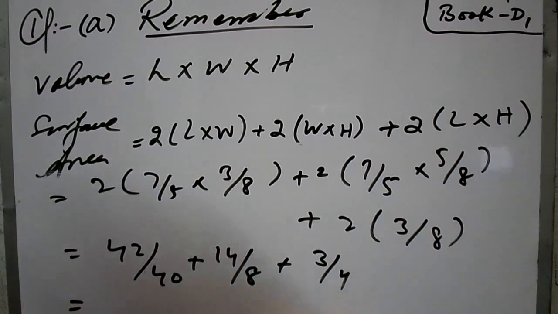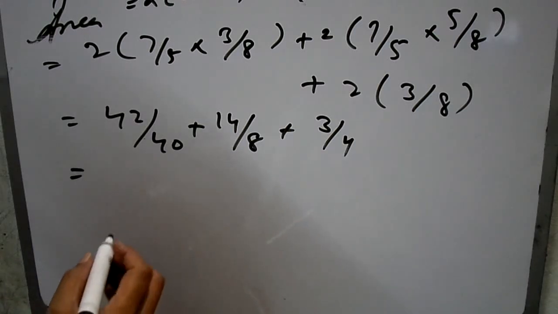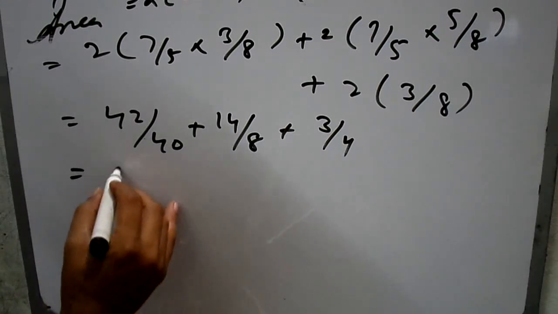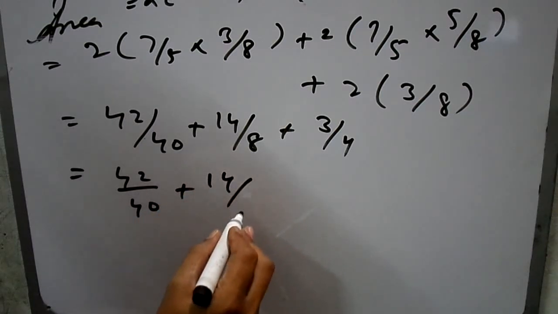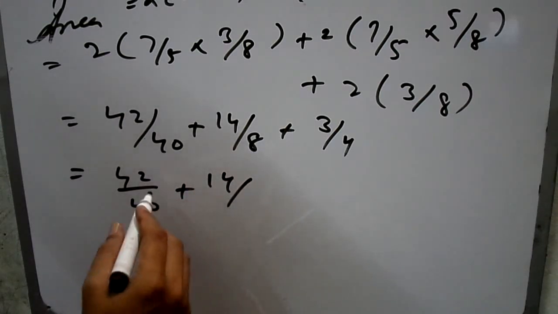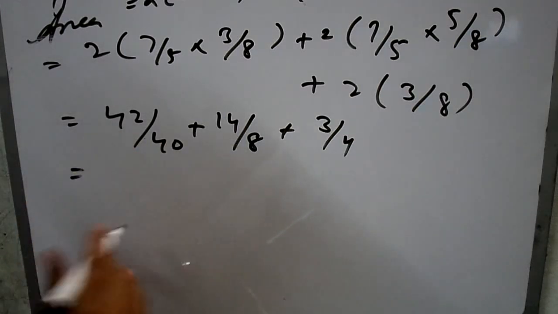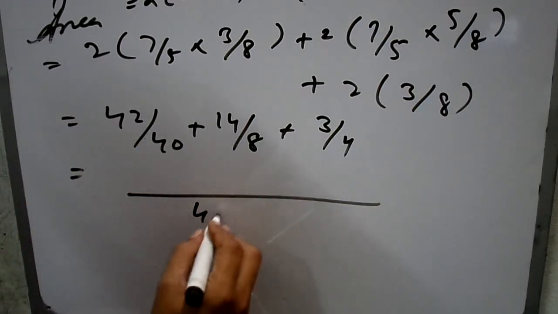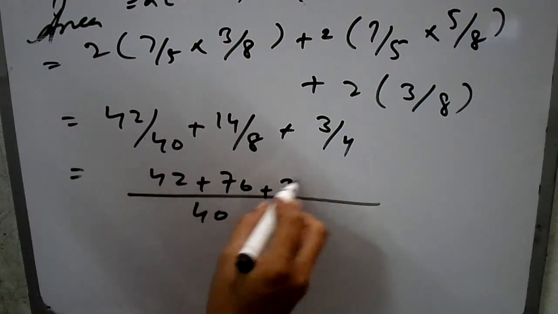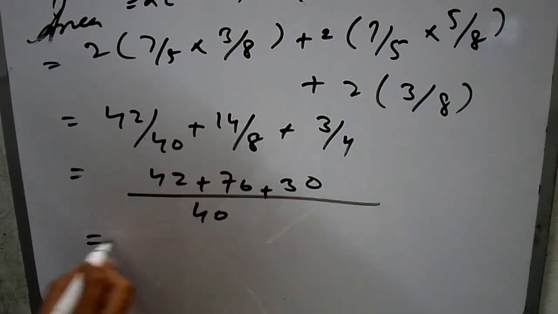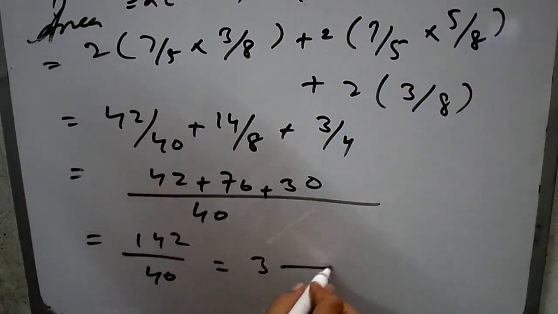So you will get the result, that is 42 by 40 plus 14 by 8, and you can take the LCM. So after taking LCM, that is 40, 42 plus 70 plus 30, so 142 by 40, you will get 3 whole 22 by 40.